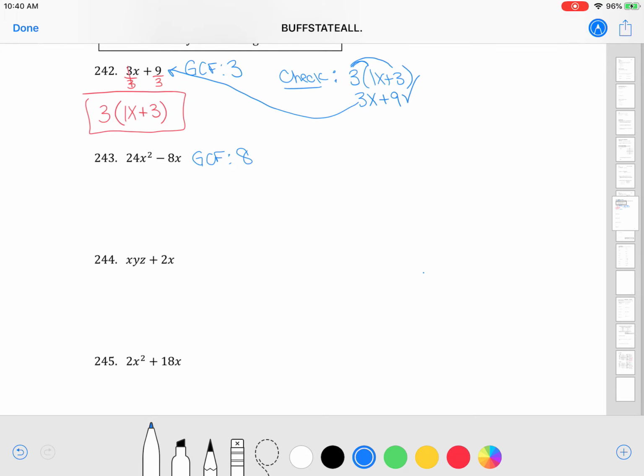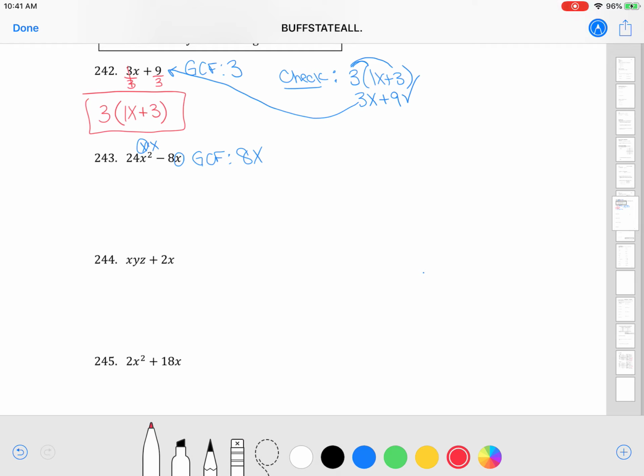It's the biggest number that can be divided evenly out of 24 and 8. Now for my variables, remember x squared means x times x, so it just means there's 2 of them, but my 8x only has 1, so look at what they have in common. They have just a single x in common, so my overall GCF is 8x.